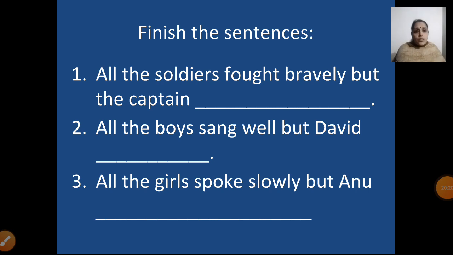All the soldiers fought bravely, but the captain fought most bravely. Yes, in superlative, I'm going to use most. And why am I using that? Because bravely has got more than one syllable.